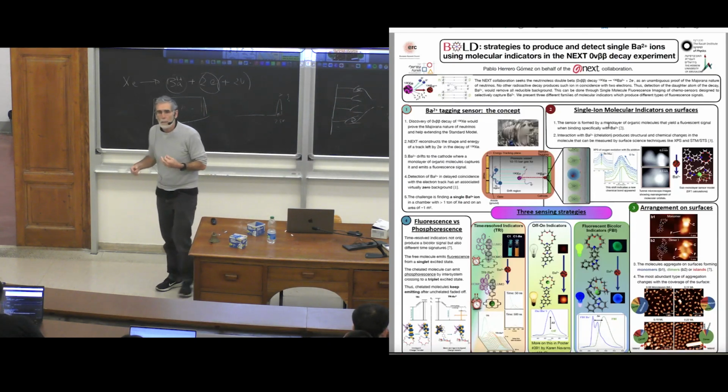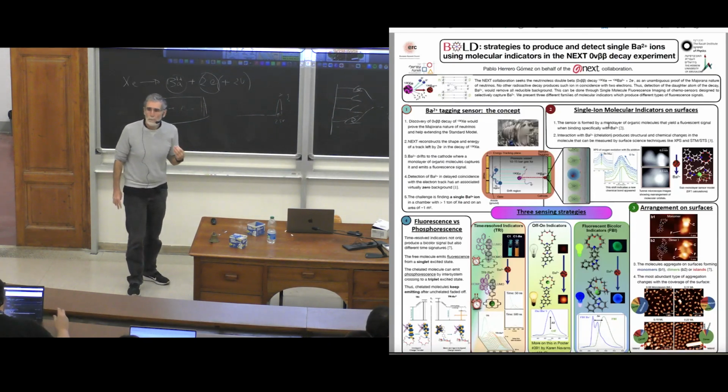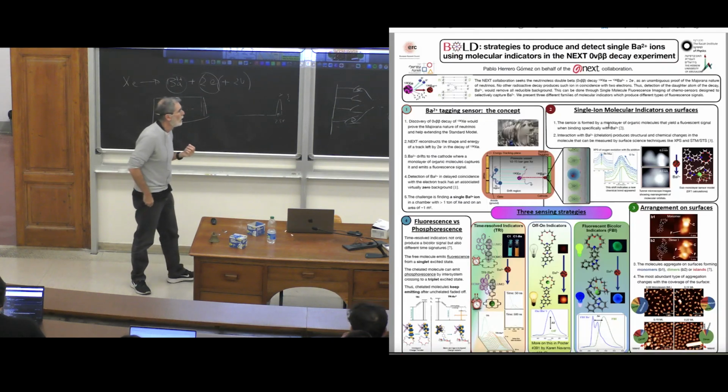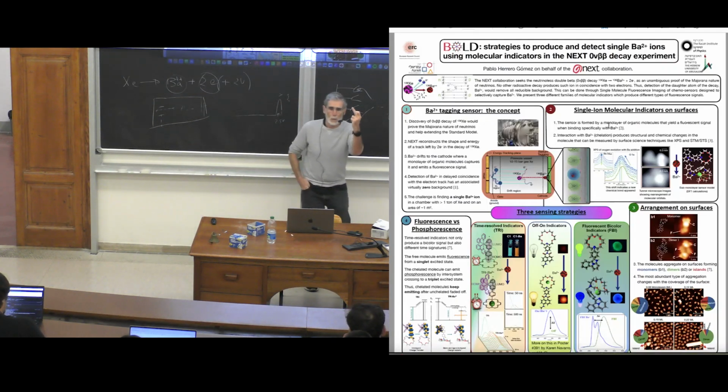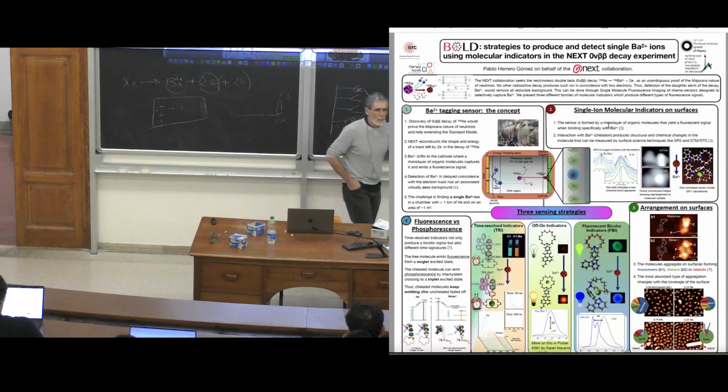The other problem that you have is that you want to separate a single molecule. You want to be sure that you are seeing a single molecule, right? Because consider this.